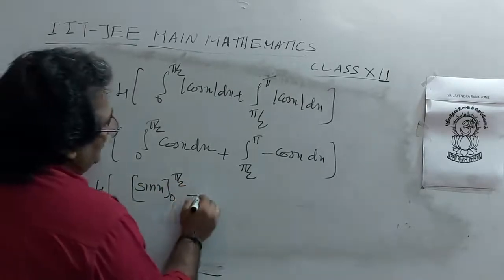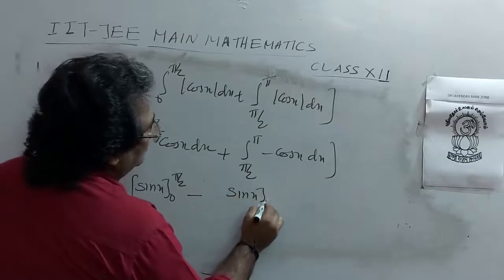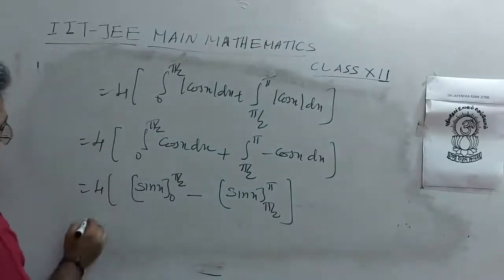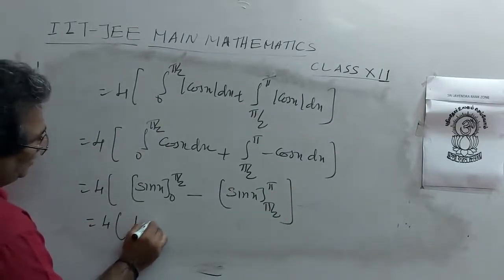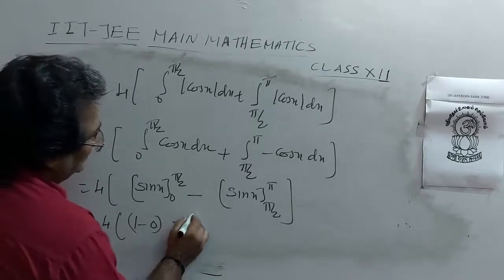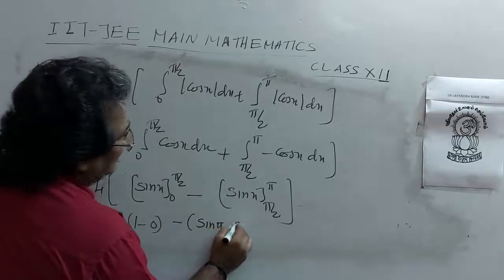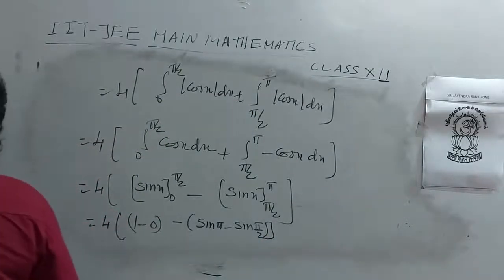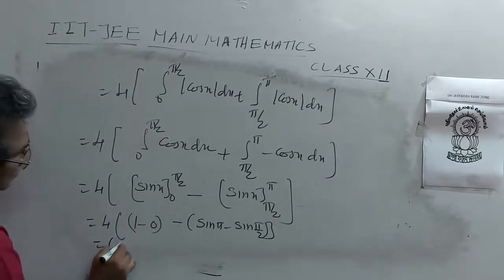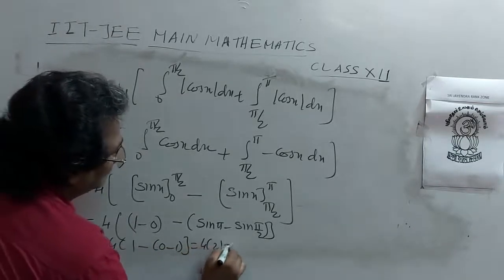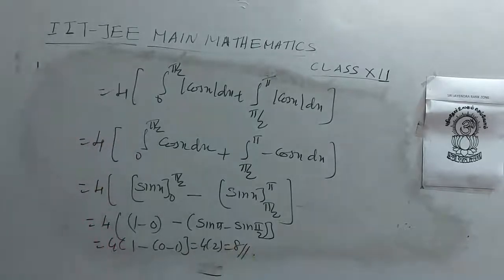Sin x from 0 to pi by 2 minus sin x from pi by 2 to pi: sin pi by 2 minus 0, minus sin pi minus sin pi by 2. 4 into 1 minus 0 minus 1, 4 into 2. The answer will be 8.